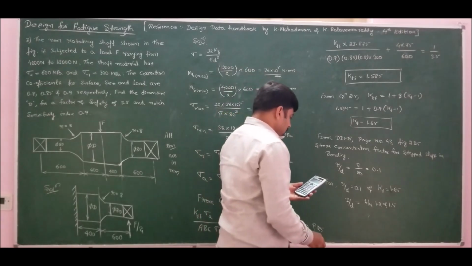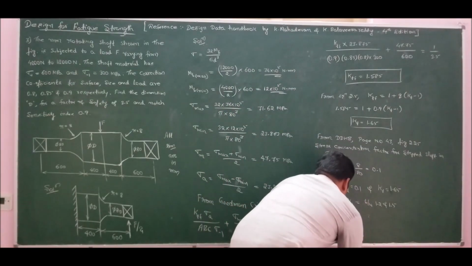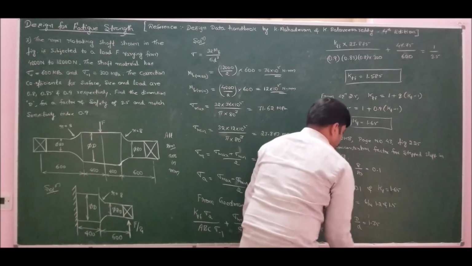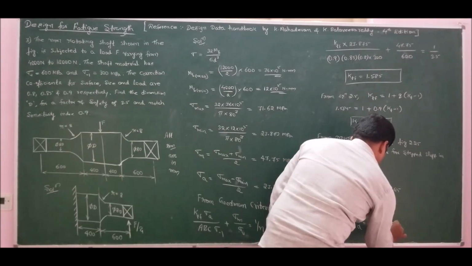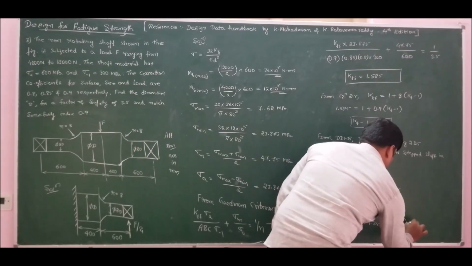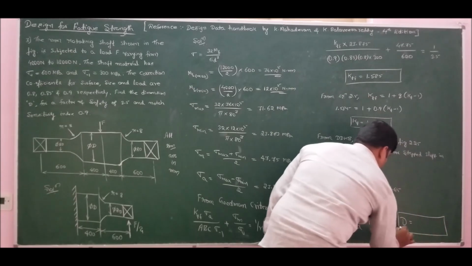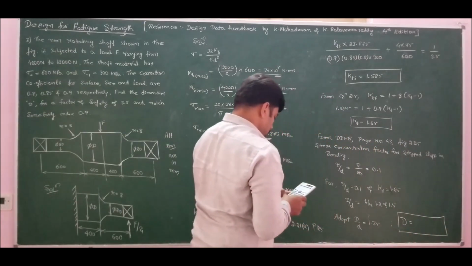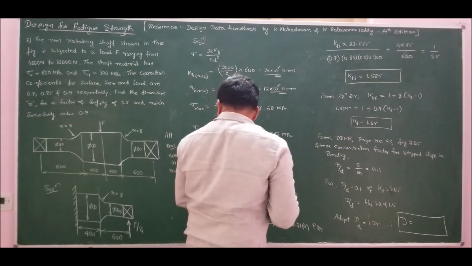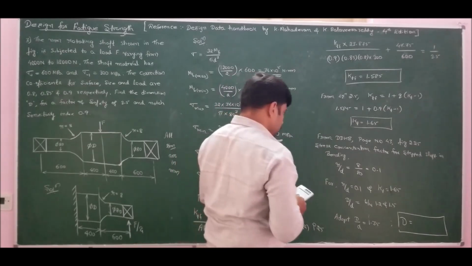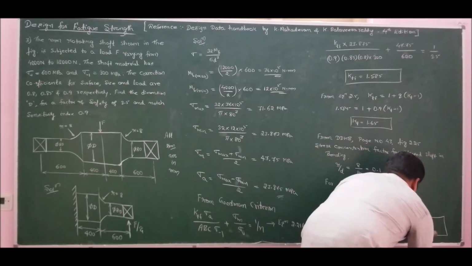I can adopt the value as 1.35. So if I adopt D by d as 1.35, the required diameter D for the problem will be 1.35 into 80, which is equal to 108 millimeters.